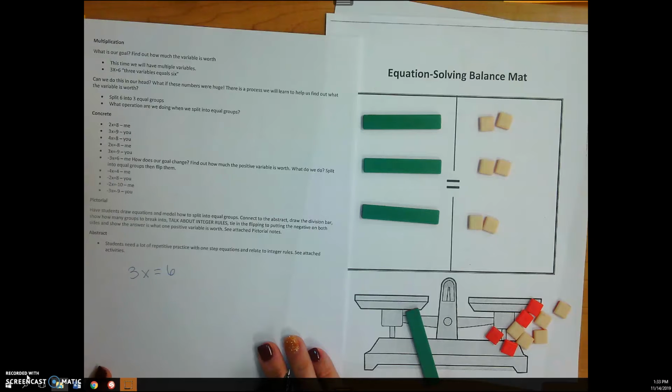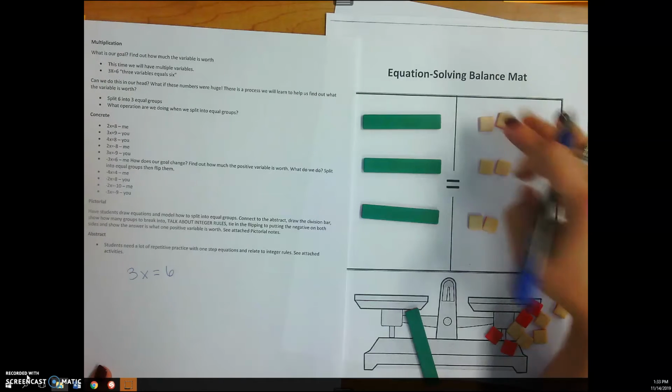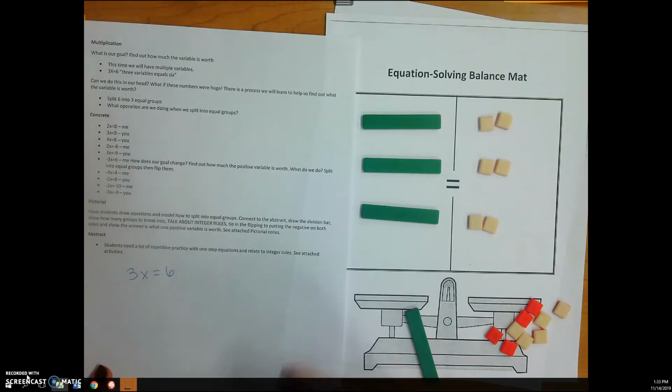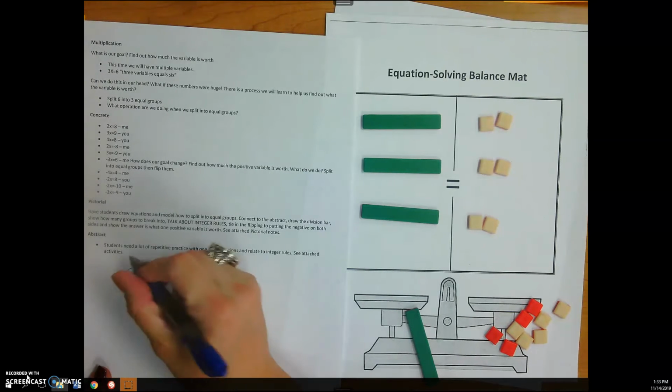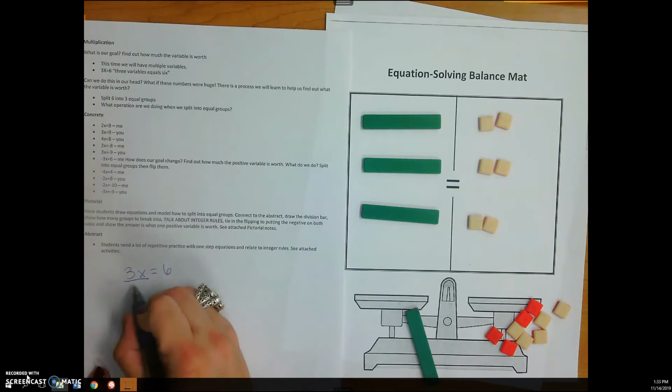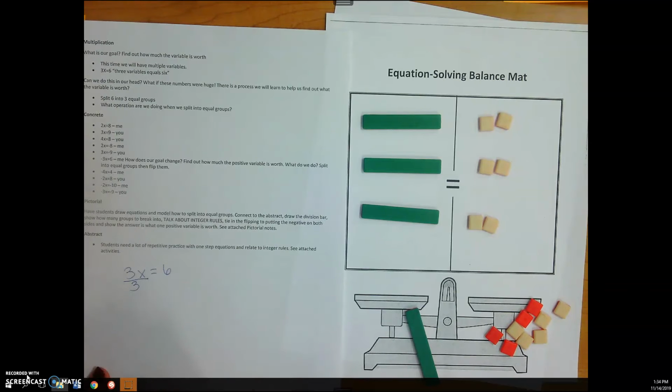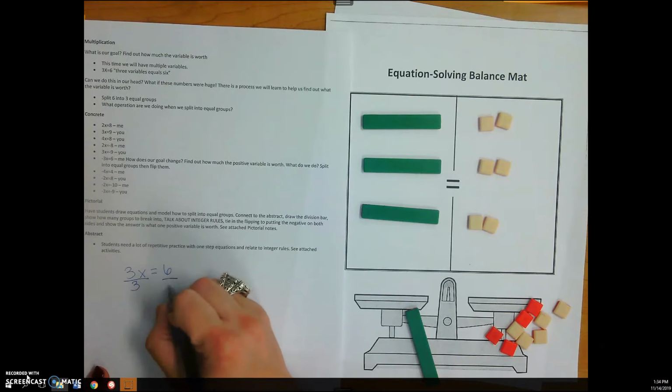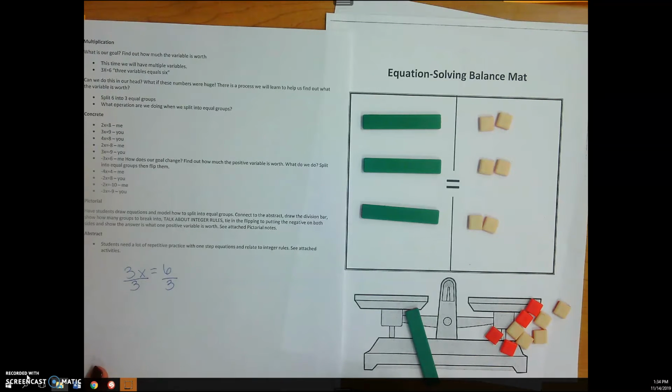So what have we done? What operation have we done to split this into 3 groups and split this into 3 groups? When we use that word split, it means the same thing as divide. So we're dividing this into 3 groups, and then we're also dividing this into 3 groups.